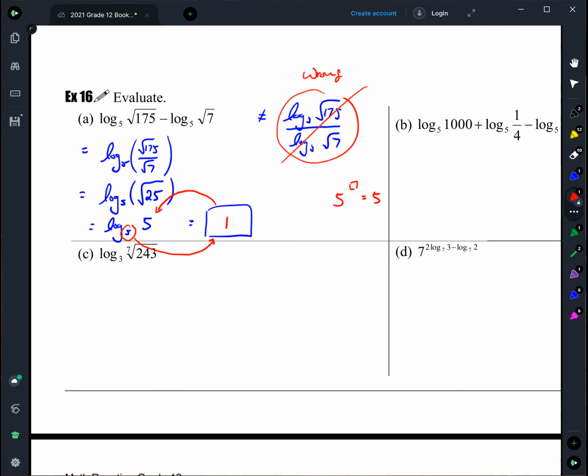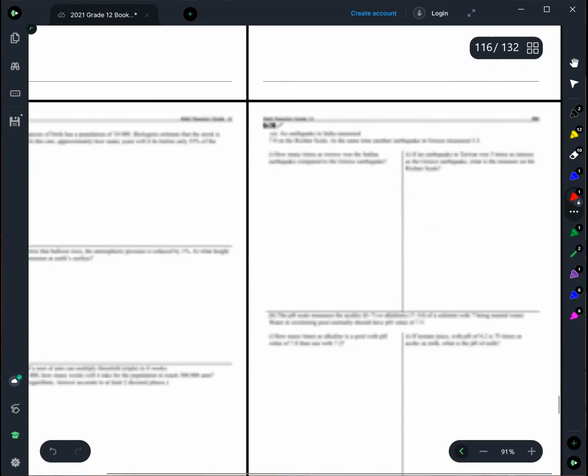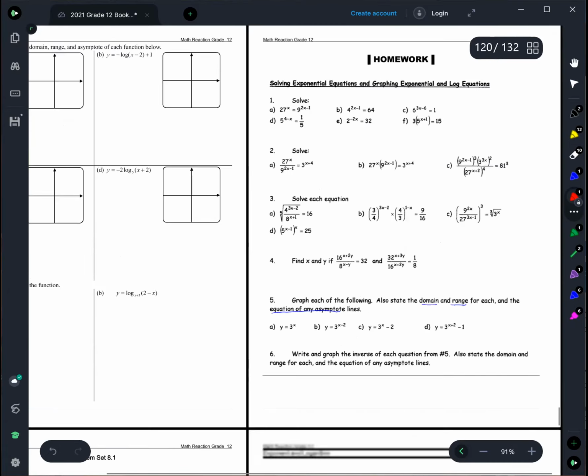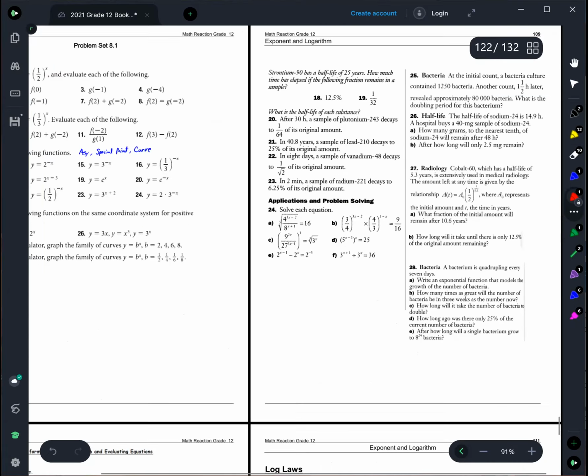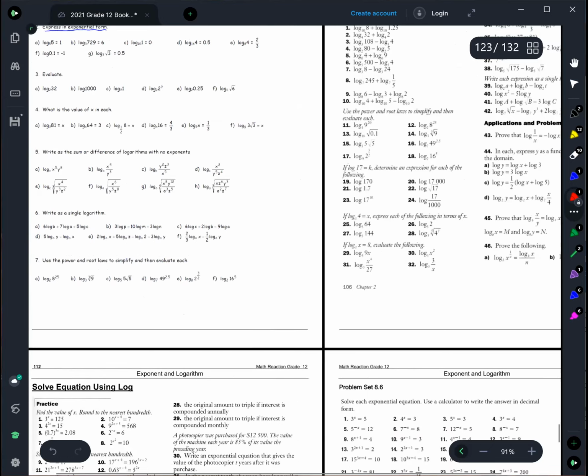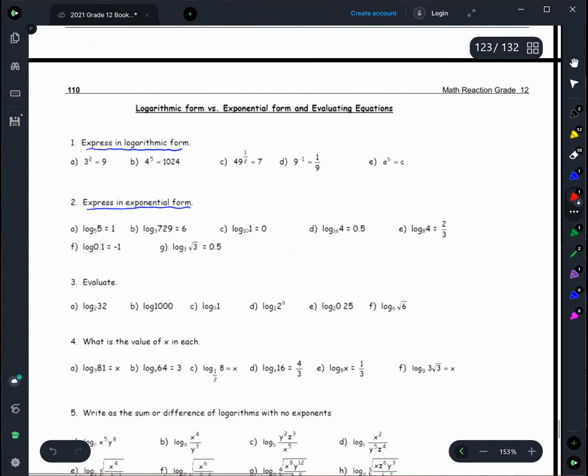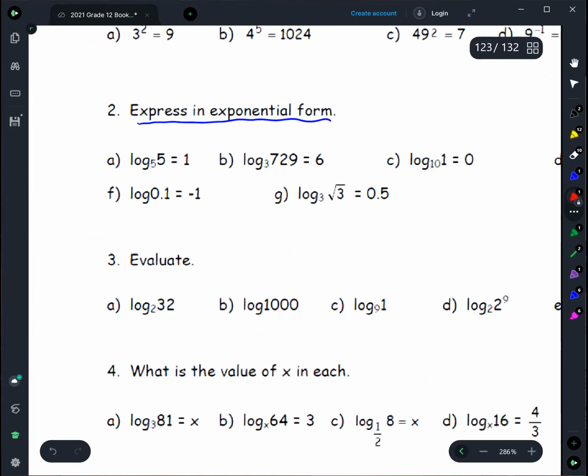This part is like in your homework, the one you are handing in today. Let me show you, like these ones. This is question 3 on your homework. For example, here it asks you to evaluate. So just in your head, you think about, okay, you have base of 2 here.